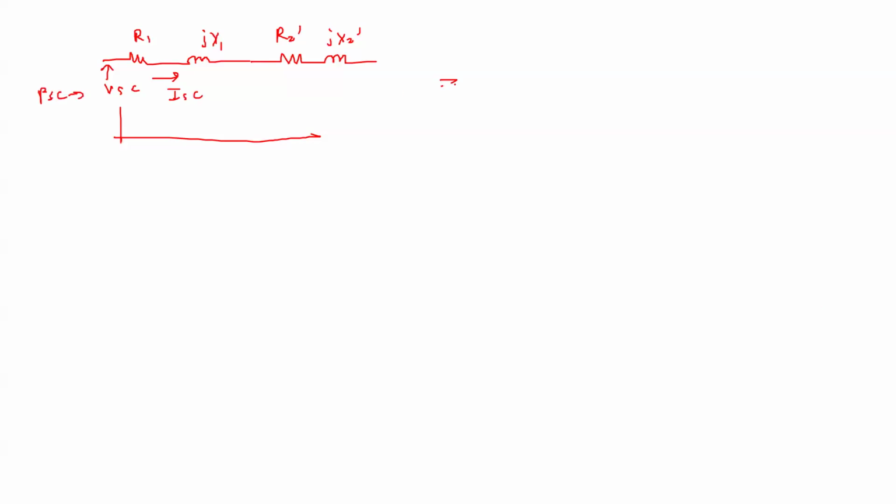So this circuit can be written like this. This is R equivalent, this is jX equivalent, same thing, and the same VSC, ISC are there. So how will you get the parameters?